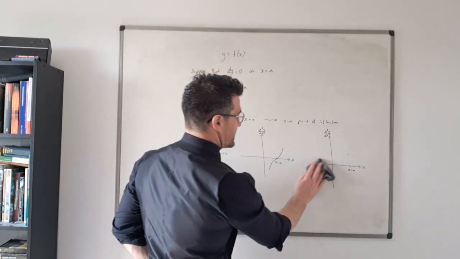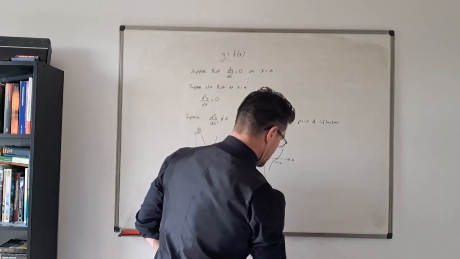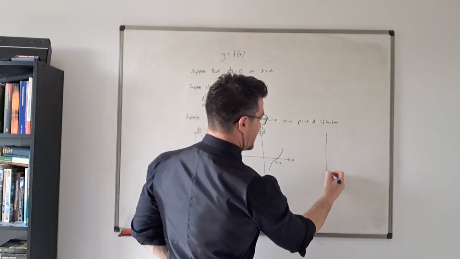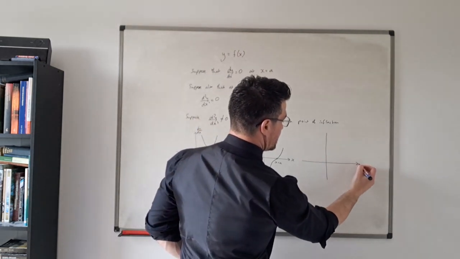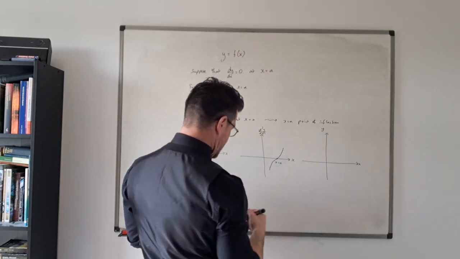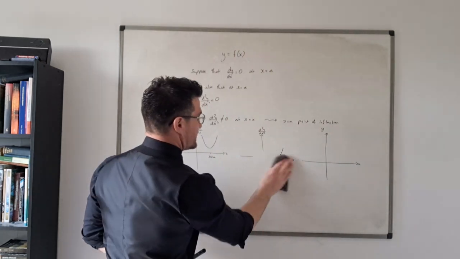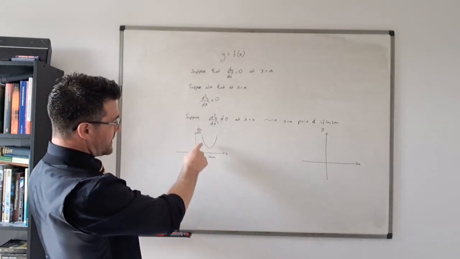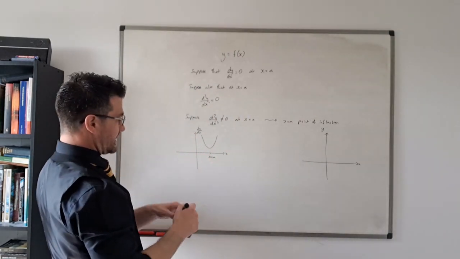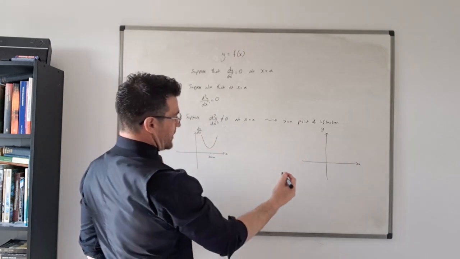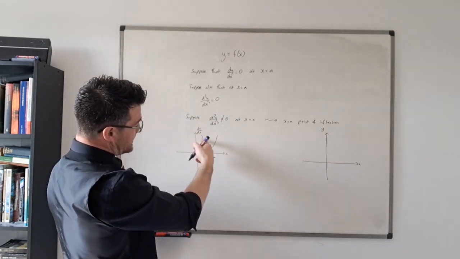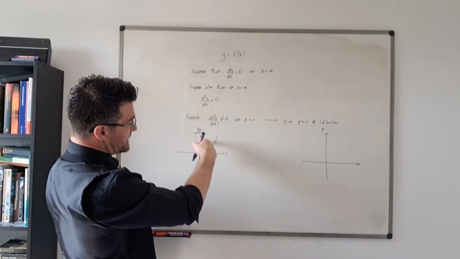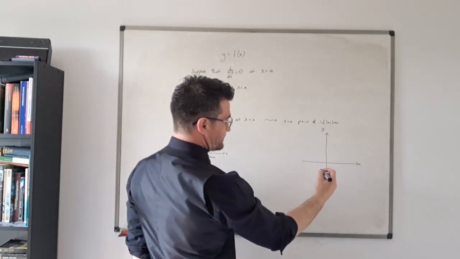I'm going to rub this off over here, just so that I've got a bit of space. So now we've got the graph of y against x, and just to avoid any confusion, I'll get rid of that as well. So now we're thinking, how does the behaviour of this determine what the graph of y looks like? So we've got positive gradient, but decreasingly positive.